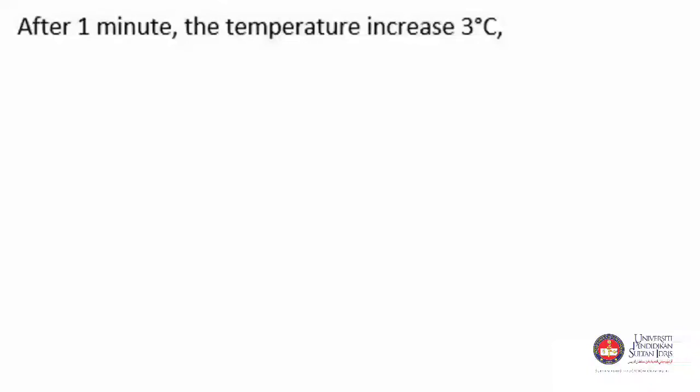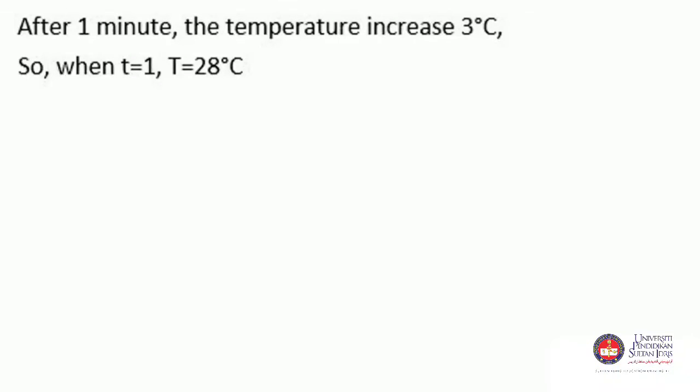After 1 minute, the temperature of the metal bar increased 3 degrees Celsius, which means when t equals 1, then T, the temperature of the metal bar, is 28 degrees Celsius.